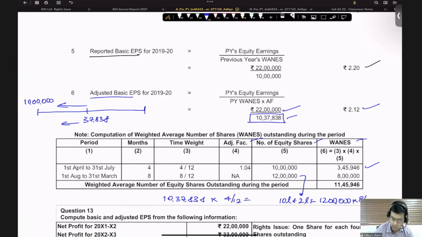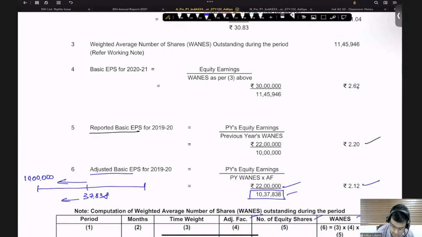So that comes to 8 lakhs. So total weighted average number of shares outstanding is 11,45,946. So current year's EPS will be 30 lakhs divided by 11,45,946. That comes to 2.62.